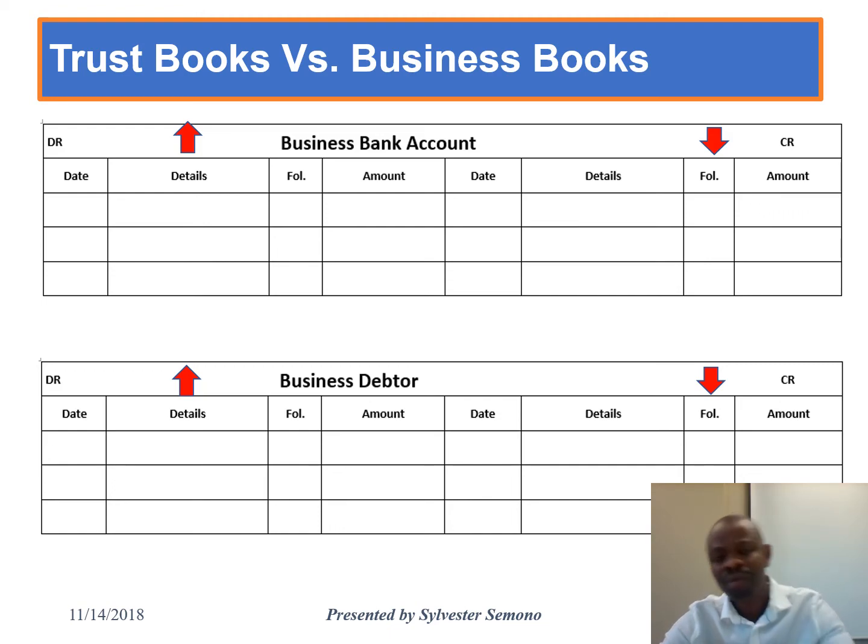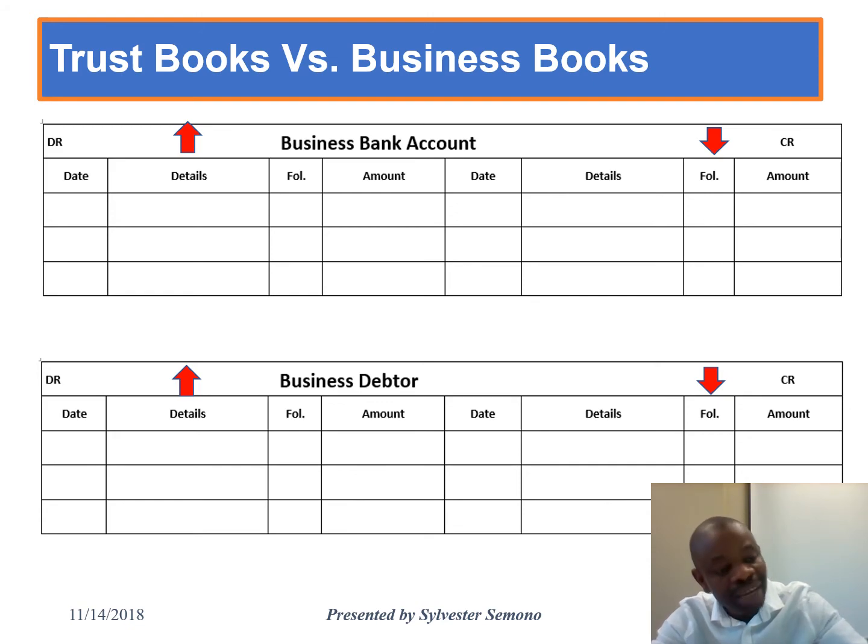Okay, now let me focus on the business bank account. Remember, the business bank account means the money that belongs to the business. So after offering a service to that particular client, it means we must make sure that the client pays the business. Where are we going to get that money from? We're going to get that money from the trust bank account. Remember, at the moment, the money that belongs to the trust creditor is reflected on the debit side of the trust bank.